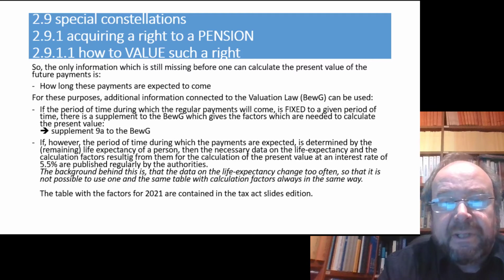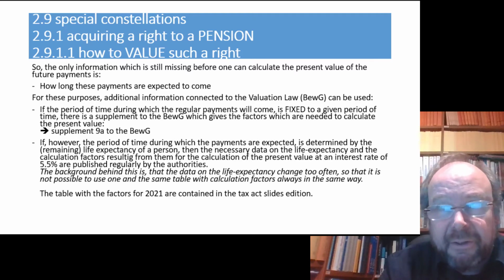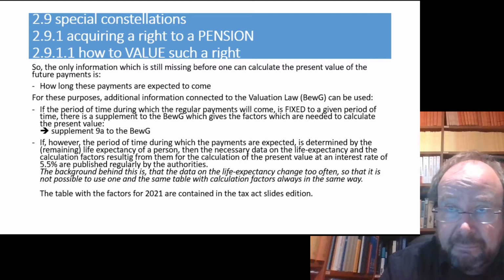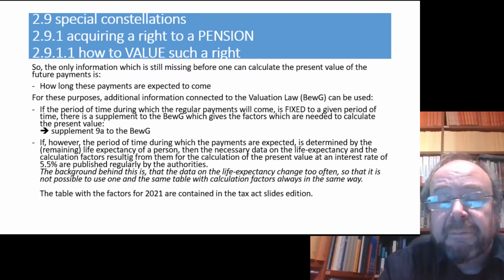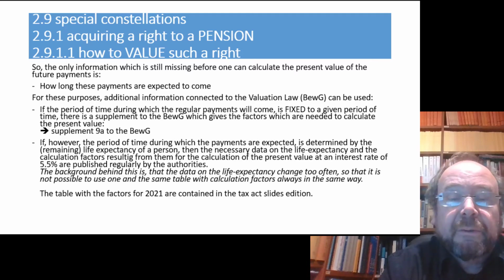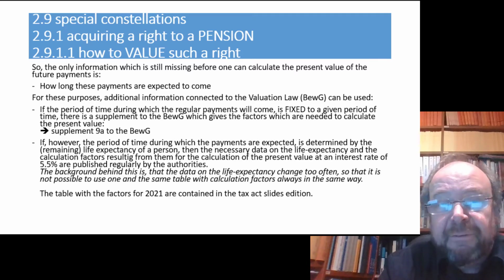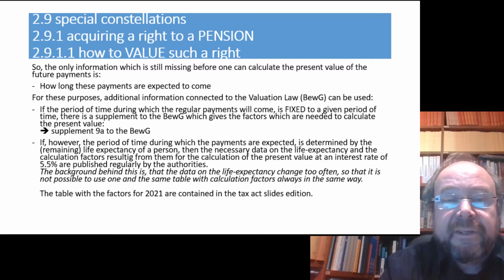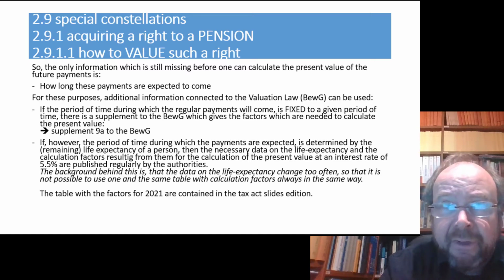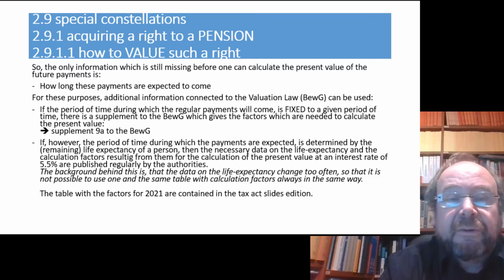Let's say the health situation becomes better and better, so people live longer. It might also be that wealth and health go down, and so the life expectancy over time drops down a bit. And so a few years or one or two decades ago, the fiscal ministry refrained from setting up once and for all a table with calculating factors there. But they said, well, the life expectancy data are always updated on short term.